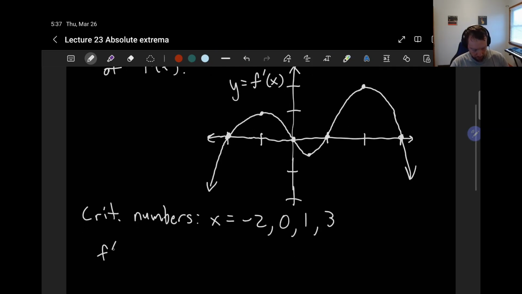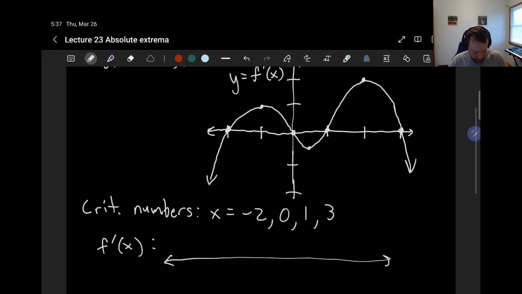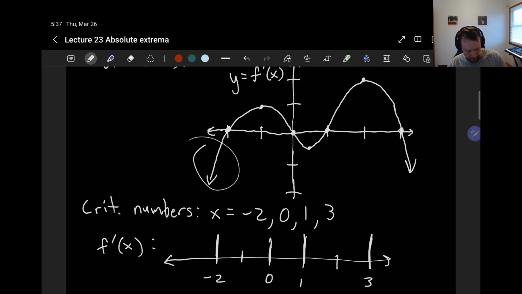And now I'm set up well to do the first derivative test because I have a lot of information about the first derivative. Here I've got its graph. At these critical numbers, I know how we behave in these little intervals.